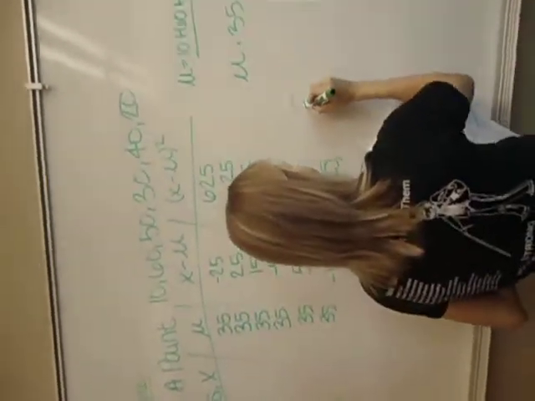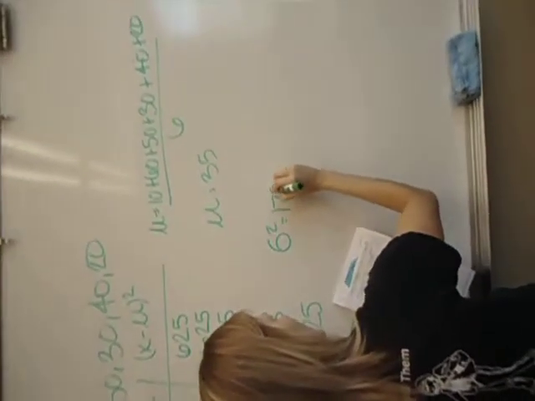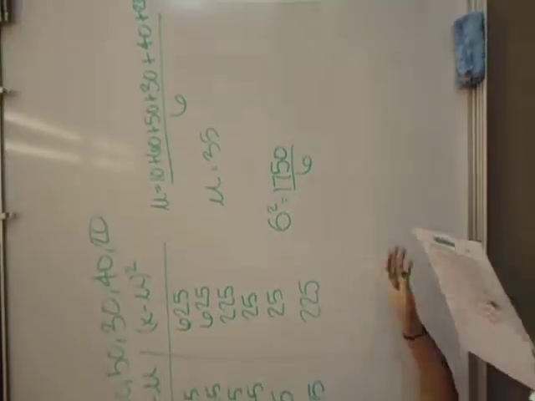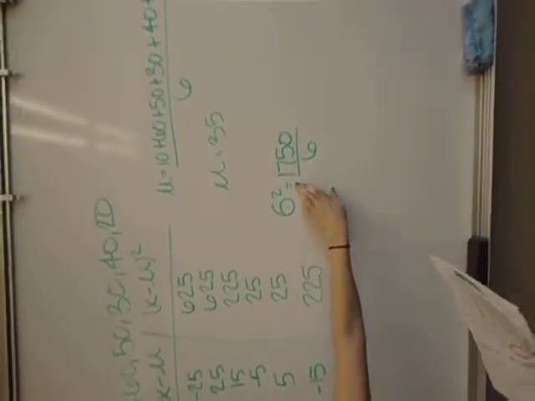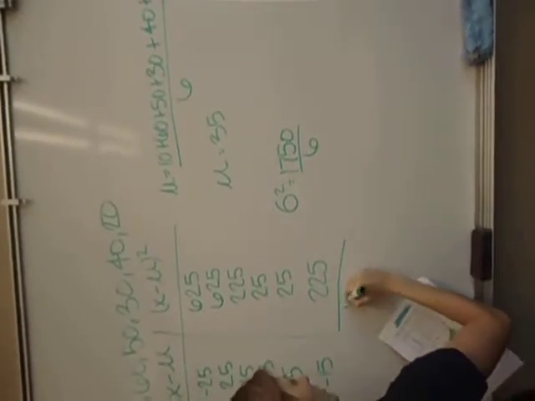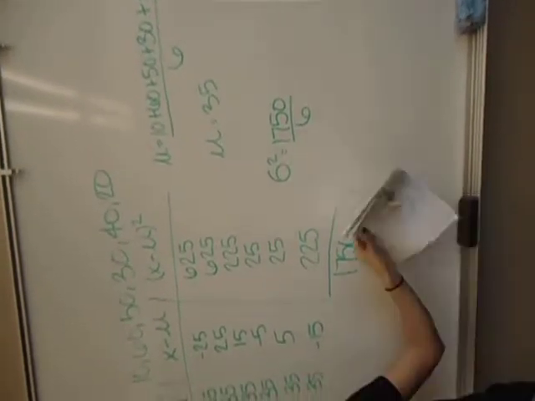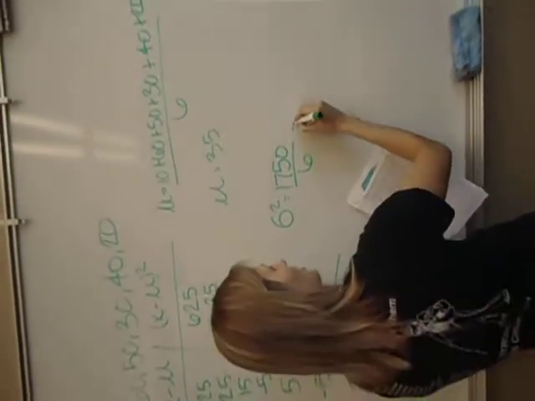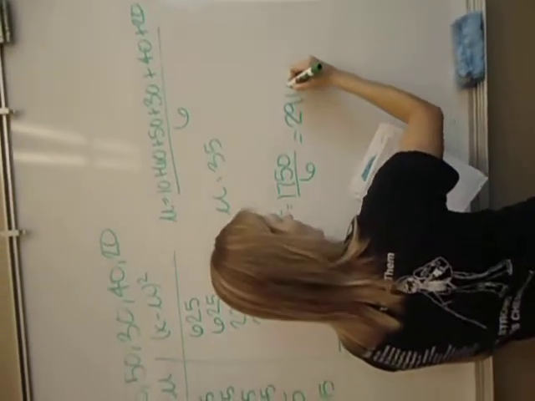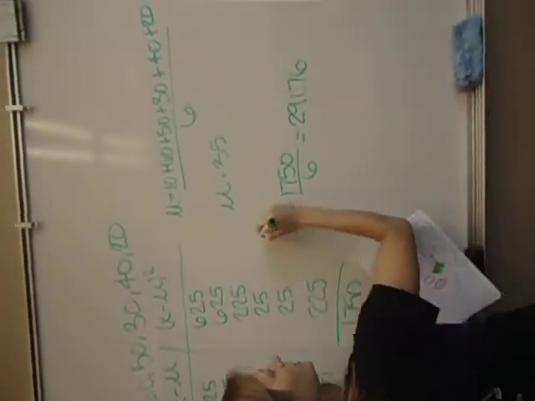We're going to have our sigma squared equals 1,750 over 6. And if you're wondering where I got 1,750, it is this last column. It's all these numbers added together because you have to have a total. So when we divide that out, our answer is 291.76. And this is our population variance.